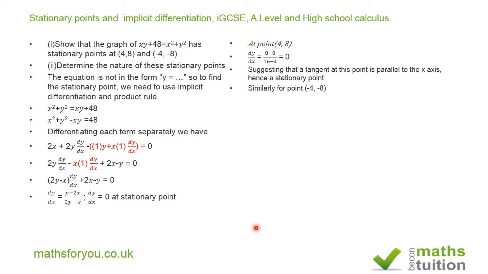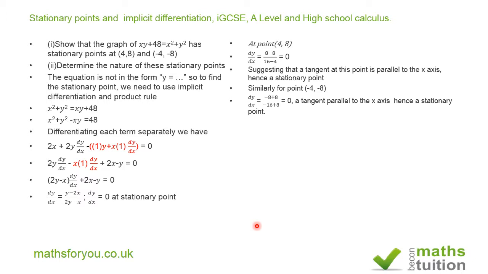Similarly, for the point minus 4, minus 8, we have that dy/dx is equal to minus 8 plus 8 divided by minus 16 plus 8, that's equal to 0. Again, suggesting a tangent parallel to the x-axis. So we've now established that dy/dx is 0 at these points.